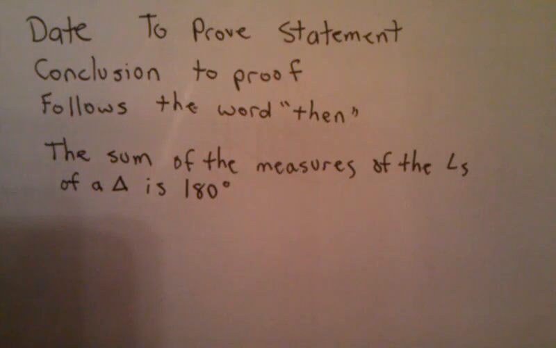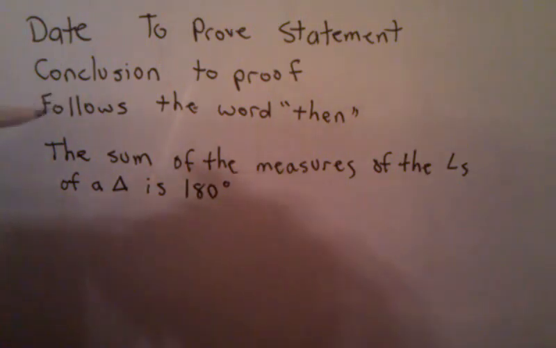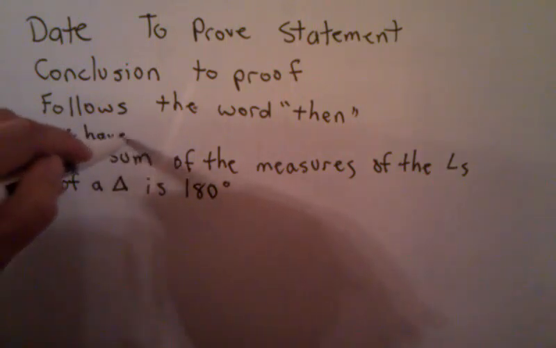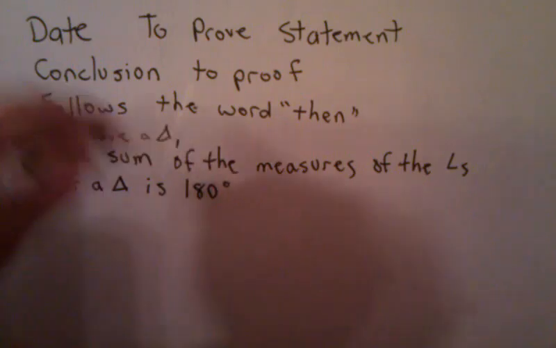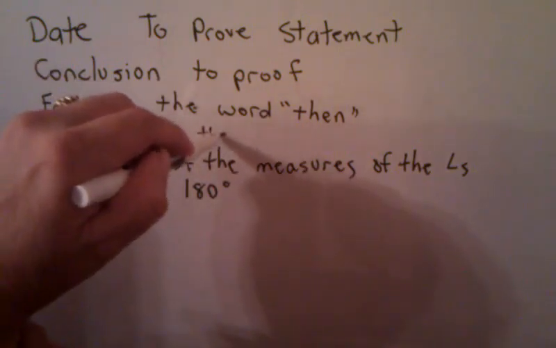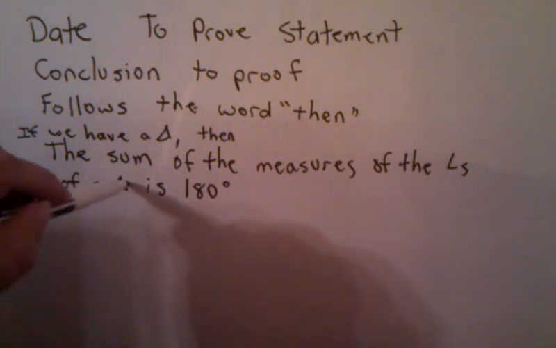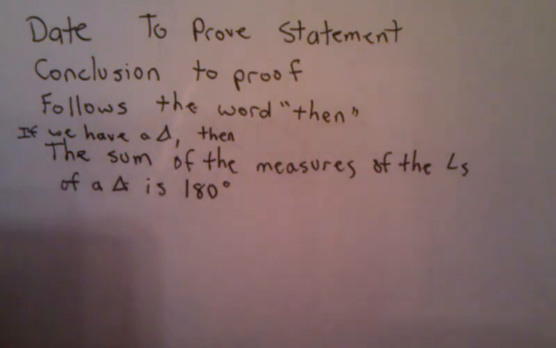Now remember, first we have to put this in an if-then statement. I'm going to start with if we have a triangle, then the sum of the measures of the angles of the triangle is 180 degrees.